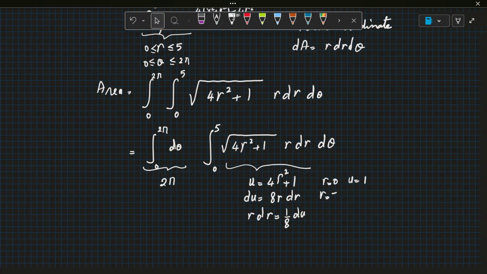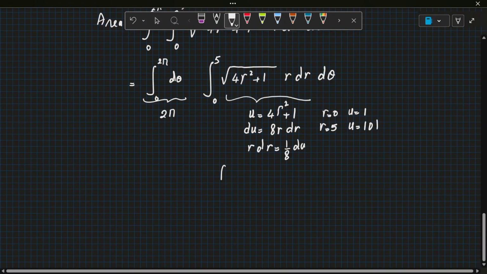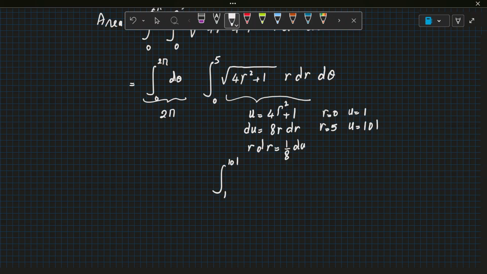When r is equal to 5, u is equal to what? 4r squared plus 1 becomes 4 times 25 plus 1, which is 101. So our integral turns into the integral from 1 to 101 of the square root of u, and instead of r dr, we have du over 8.